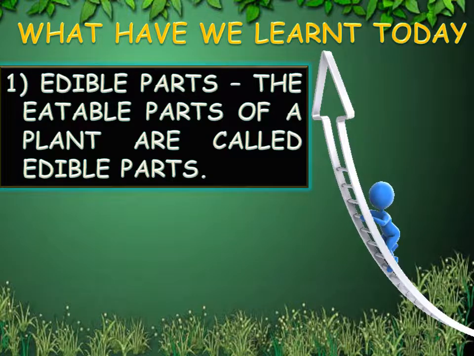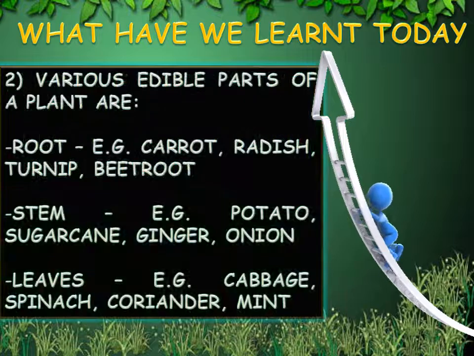The eatable parts of a plant are called edible parts. Various edible parts of a plant are root. Example, carrot, radish, turnip, beetroot.